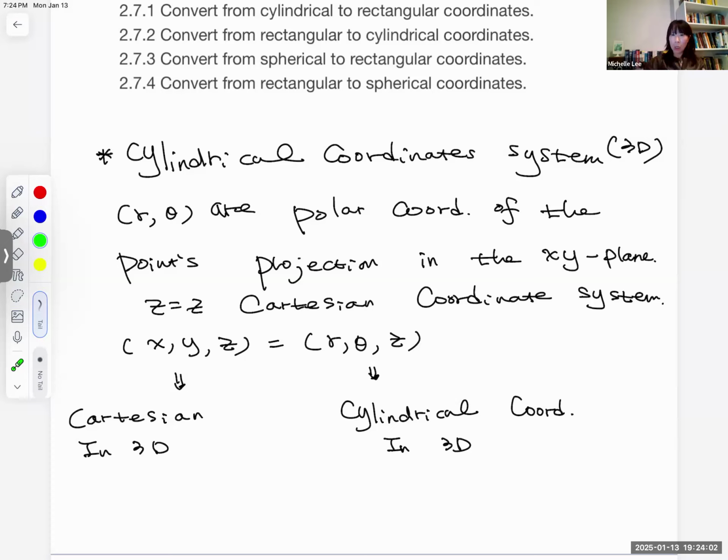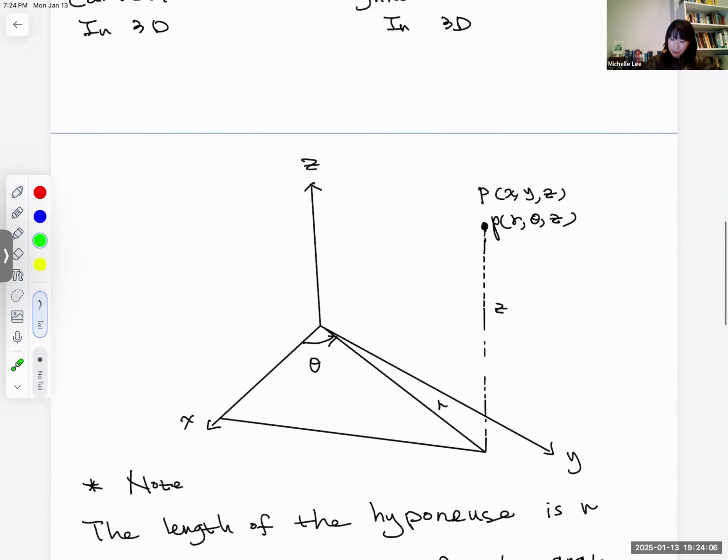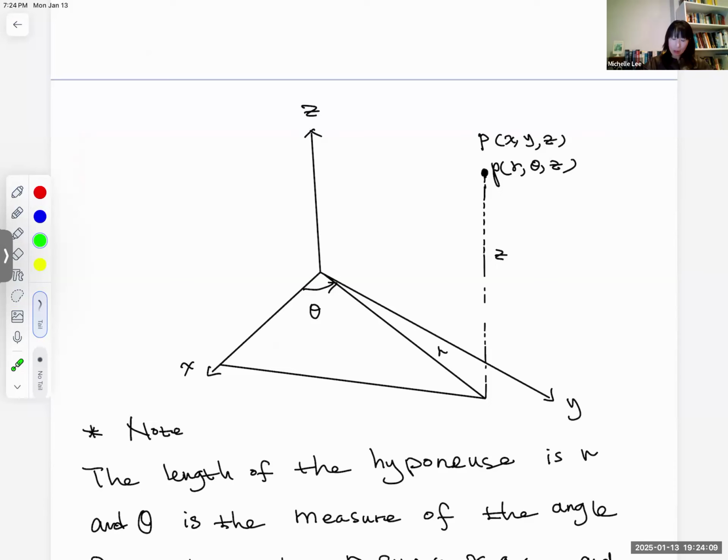All right. Okay. So look, we have the Cartesian coordinate system, right? Let me write it down. Let me denote the Cartesian coordinate this way, and then this is the cylindrical coordinate.